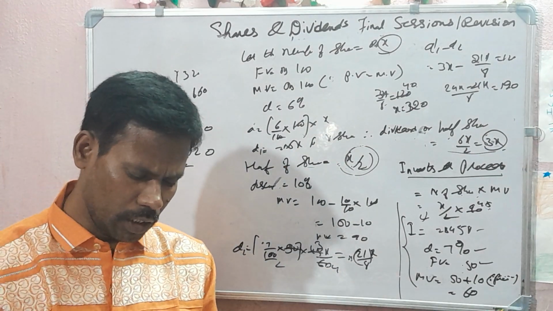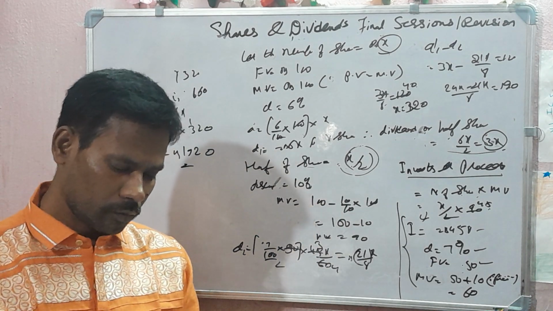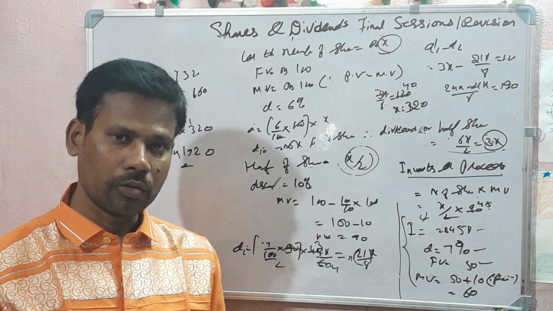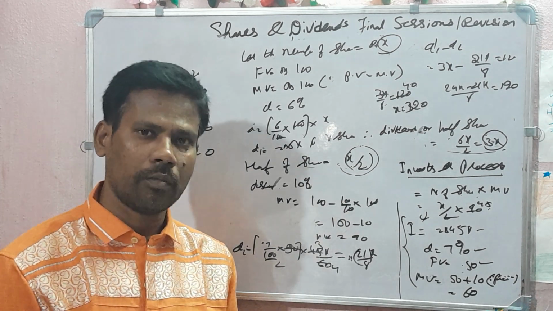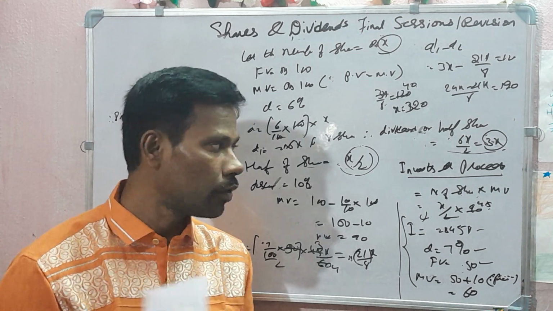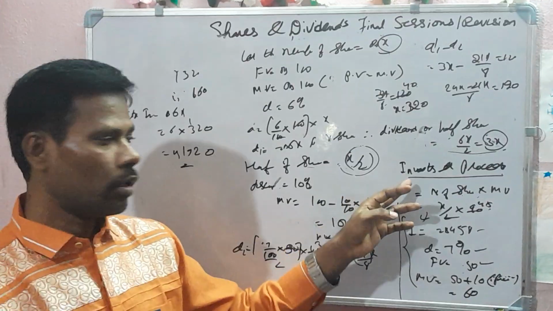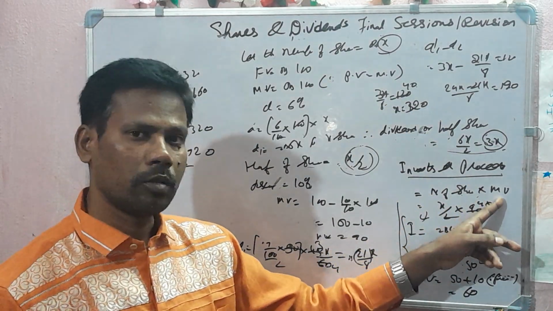So these are the three different kinds of problems which are totally different. That's why I chose those three problems. The rest of the problems are all similar type. Please try to do them by yourself. In this problem, only one thing is clear. Invest the proceeds, as I already told, number of shares into market value.